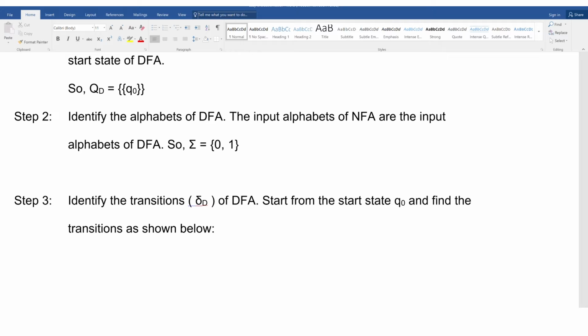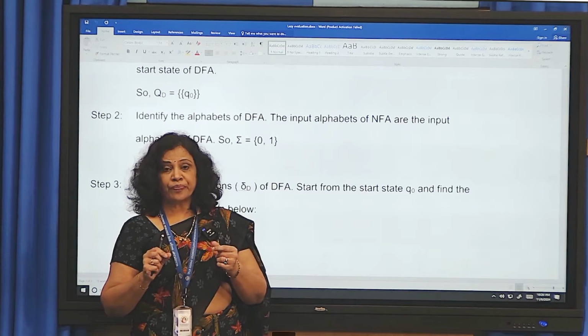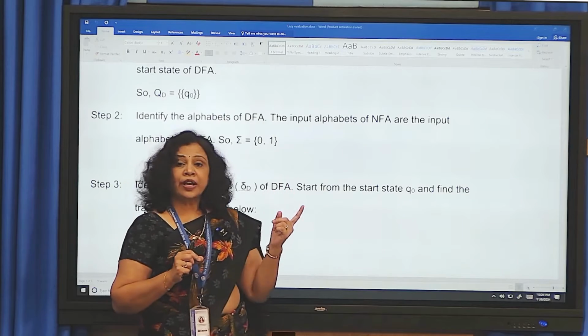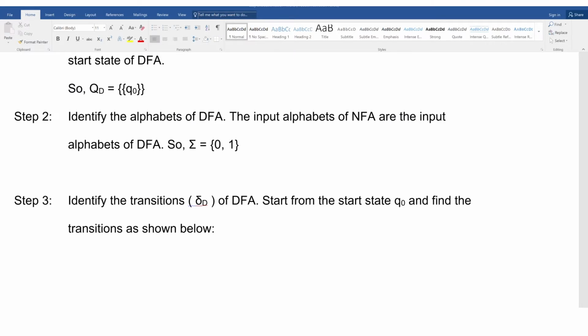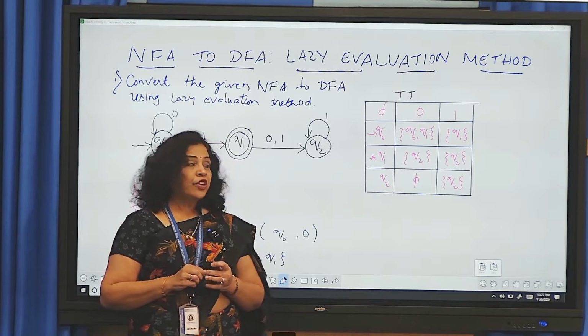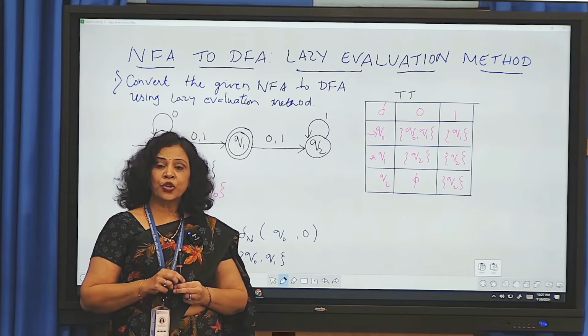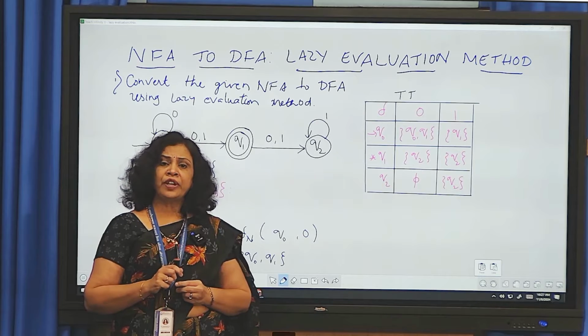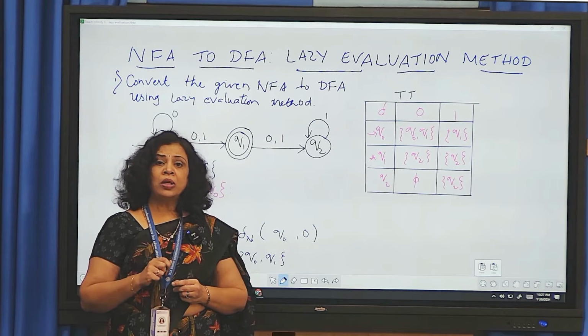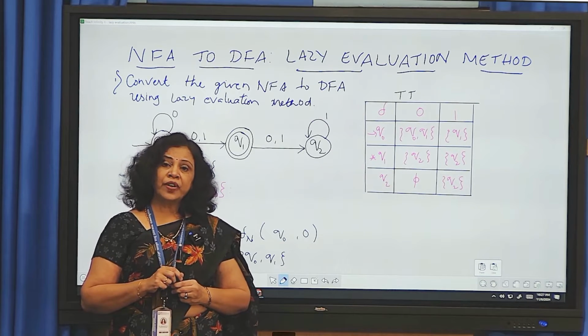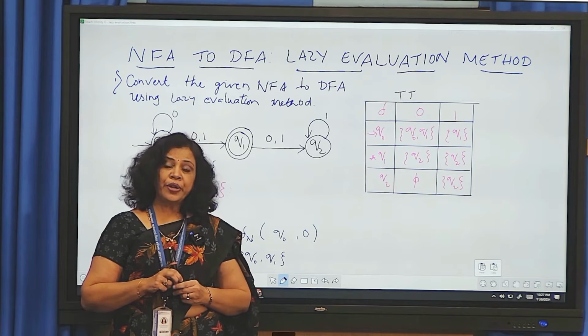Then we look at the final state of the NFA. In this case it is Q1. Wherever we have Q1, all those states become the final states of the new DFA.